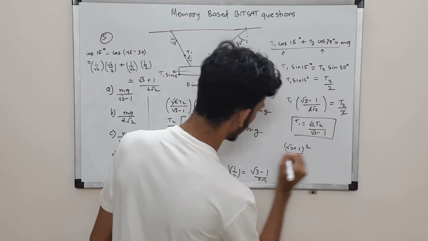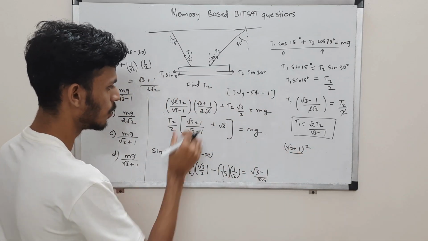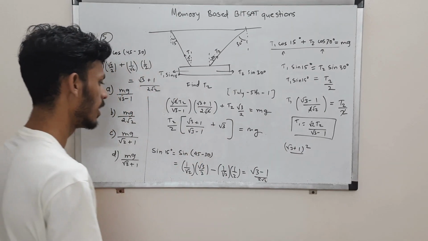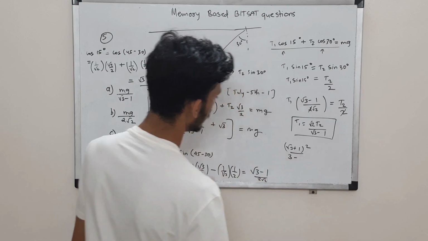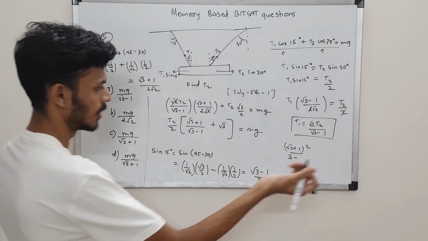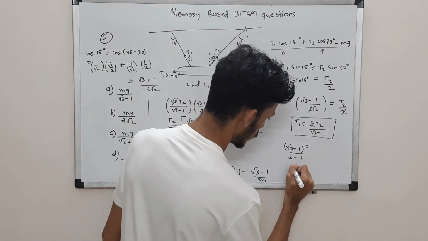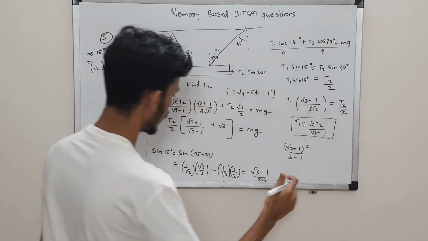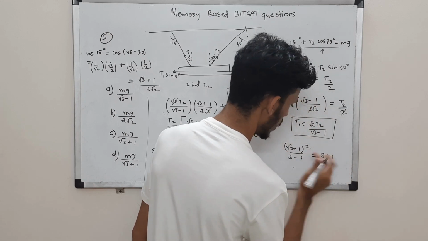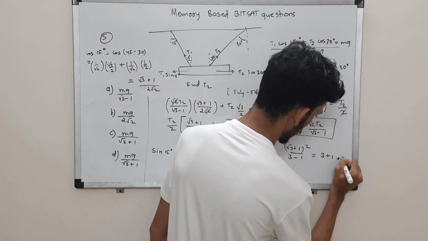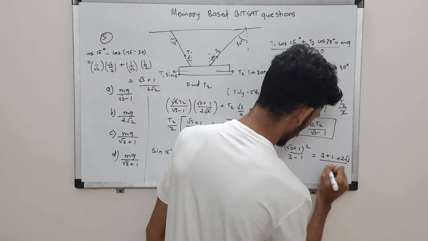So multiplying the numerator and denominator by root 3 plus 1, and in the denominator we'll have a square minus b square. So a square is 3, root 3 square is 3, and 1 square is 1, so that is 2. So root 3 plus 1 the whole square, so that is 3 plus 1, a square plus b square, plus 2ab, plus 2 root 3 upon 2.